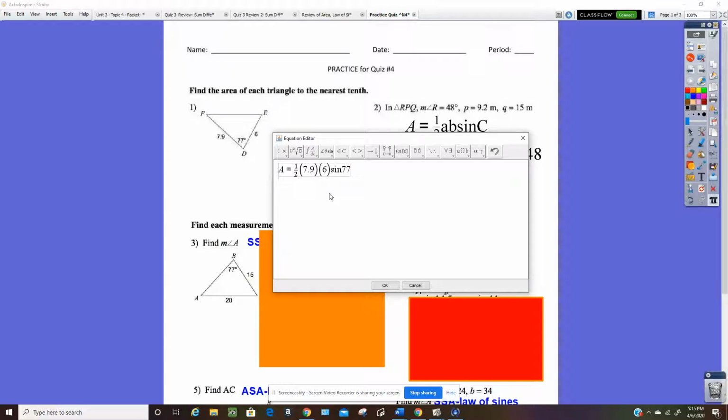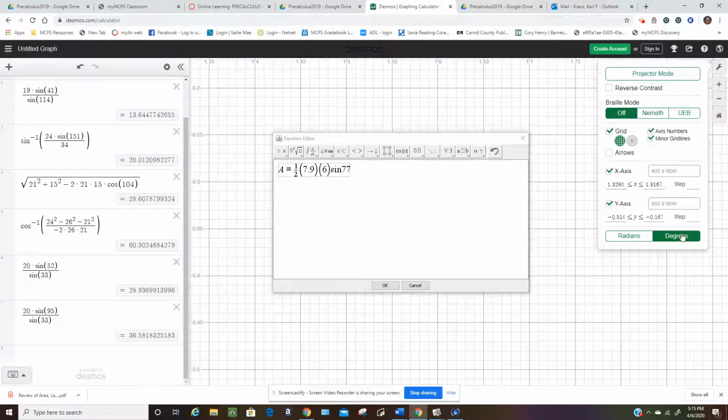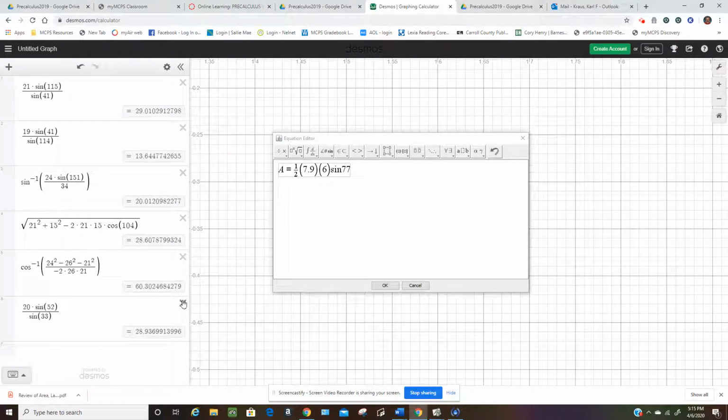So now I'm going to go to my calculator and do 1/2 times 7.9 times 6 sine of 77. Once again, make sure you're in degree mode. I'm already in degree mode.